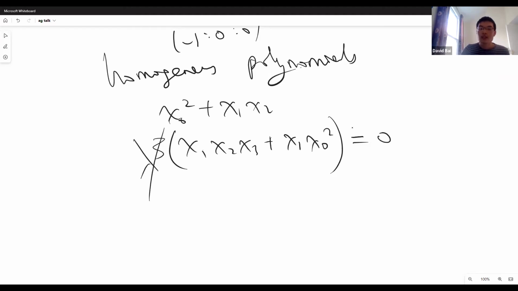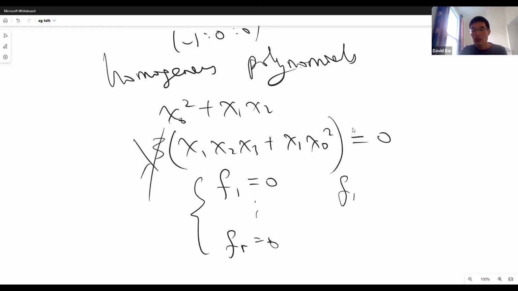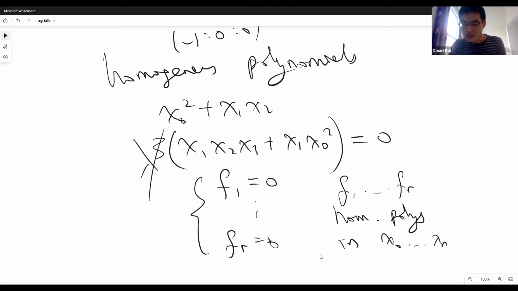So in this case, our setting for algebraic geometry would be to consider the solution of simultaneous polynomial equations f1 equals 0 until fr equals 0, where f1 until fr are homogeneous polynomials in x0 until xn. And we already know that this makes sense. And this gives us a lot of algebraic objects to work with. So these are the settings for algebraic geometry.